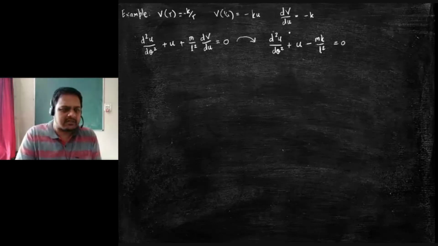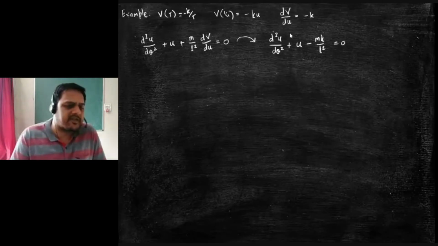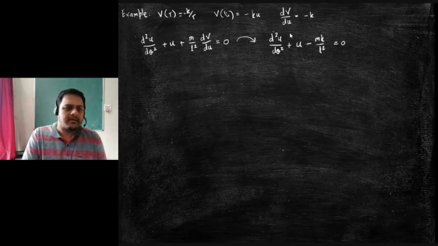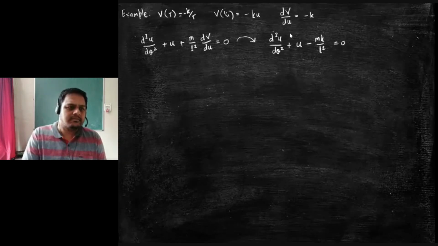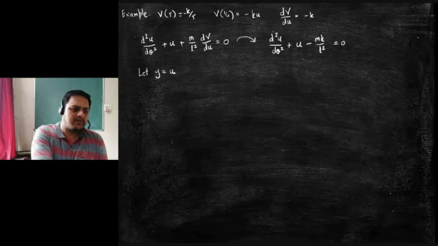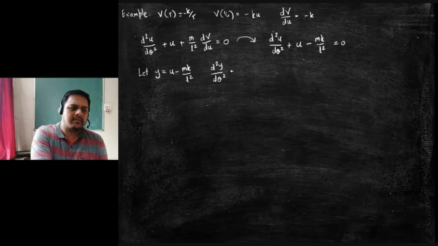This is a differential equation. Can you spot the solution to this differential equation just by looking? The solution is very simple. Take a simple substitution. Let y be equal to u minus mk by L square. What will be d square y by d theta square? It will be the same as d square u by d theta square because mk by L square is a constant.